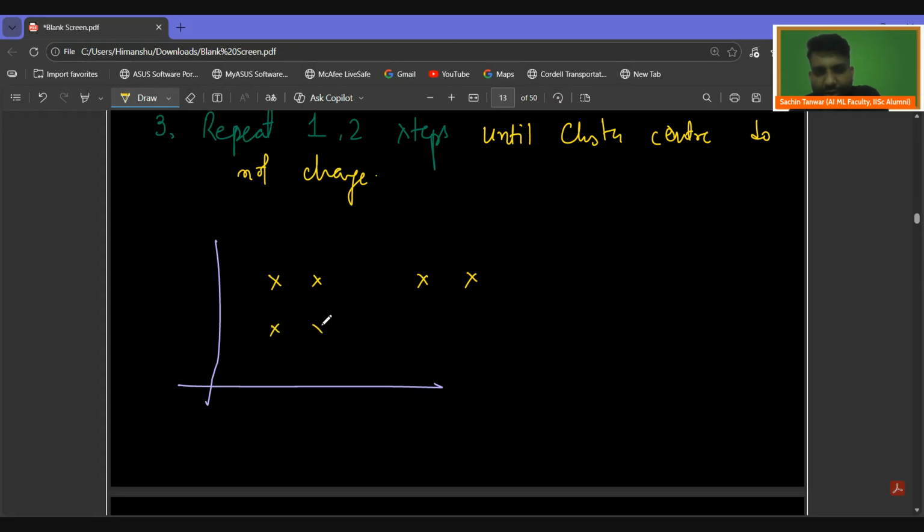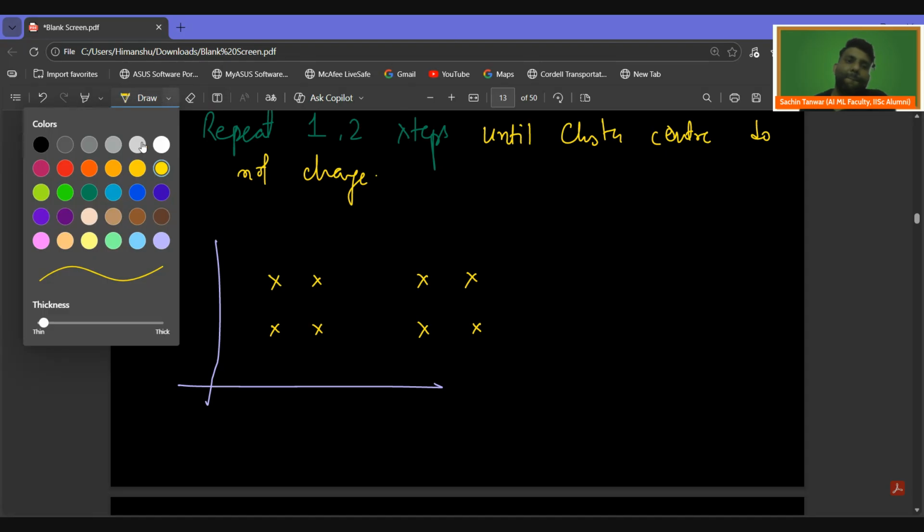Let's suppose the cluster centers are like this. Right now, if I look at this, you can see these are much closer to each other than to these.